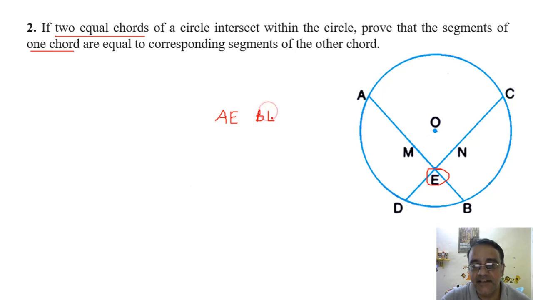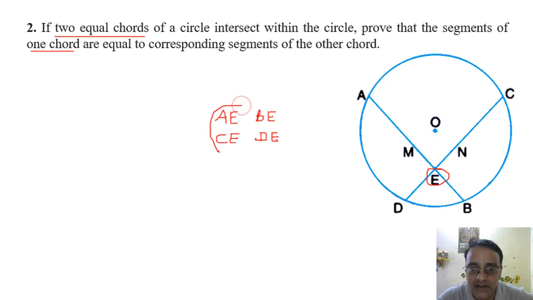The one is the smaller part and another is the larger part. Similarly, point E divides CD in two parts. Each part is called the segment of that line segment. Okay, so CE और दूसरा कौन सा है? DE, DE, right? तो AE का जो corresponding segment है वो CE है.